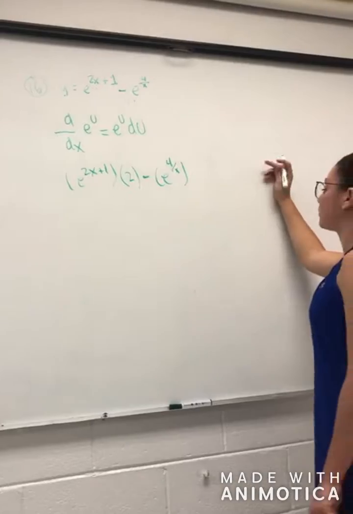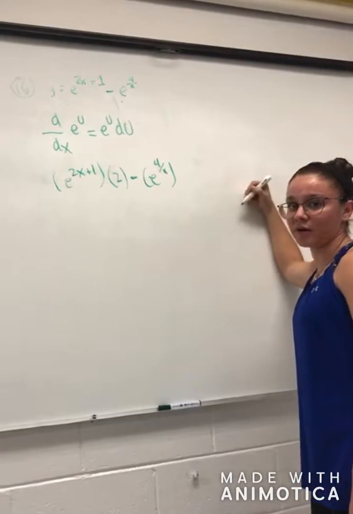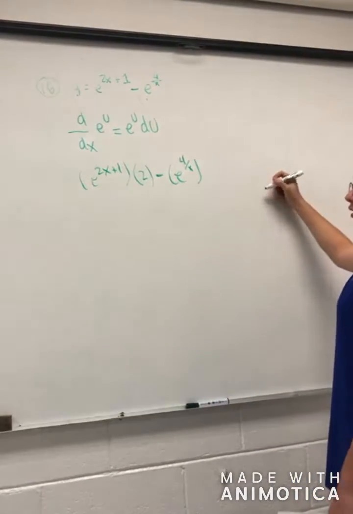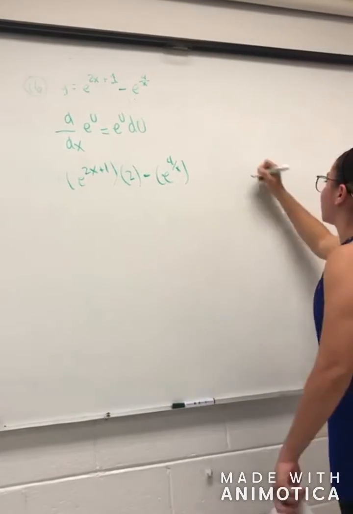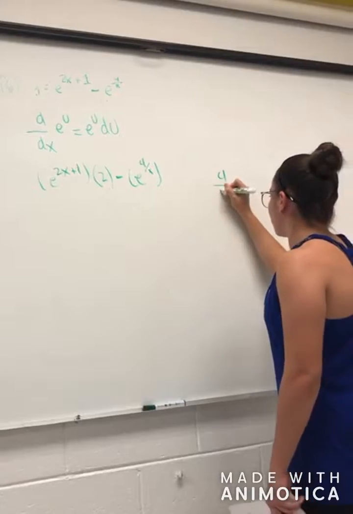But in this case, if the x is underneath, we need to derive to have the correct derivative of the u, that is 4 over x.